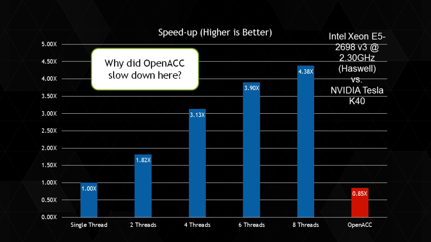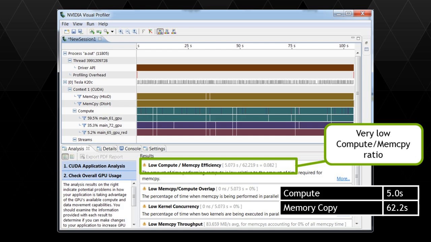All right, so in order to do that, I'm going to pull out a tool that we ship with CUDA, and that is the Visual Profiler. Any machine that has CUDA installed will have the Visual Profiler, and it will work with OpenACC codes. So I ran it through the Visual Profiler, and I've clicked through a couple of steps here to cut straight to the punchline. The Visual Profiler tells me that I have very low compute to memcopy efficiency.